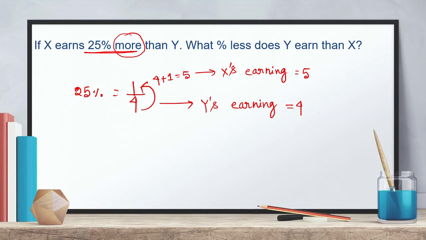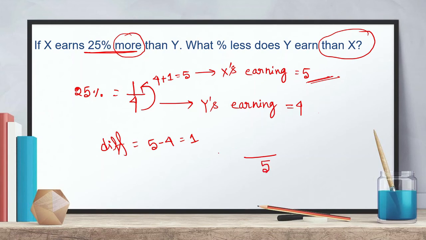And how do we find that? We need to find the difference at first. And what is the difference here? The difference is again 5 minus 4 equals 1, and whatever is after "than" is X, and X's earning is 5. So the denominator will be 5 and the difference will be in the numerator.